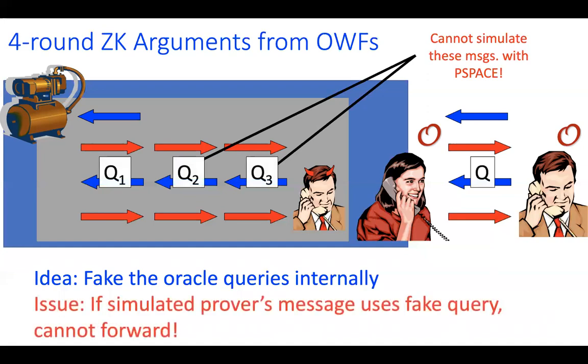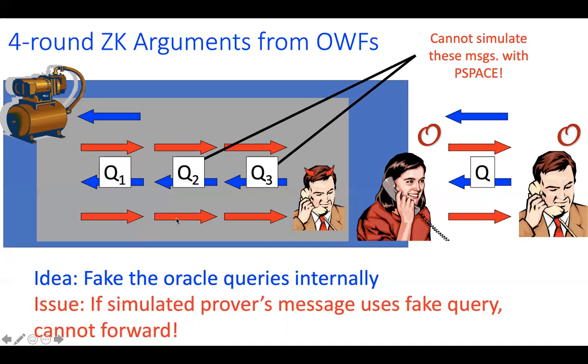Now, if we forward Q to the outside, and let's say Q, Q1, Q2, Q3 denote the oracle queries made in these sessions. Now, let's say Q equals Q2. Now, the problem is that the simulator could learn some of these oracle queries in the other sessions and use that oracle query in the second session. Why is that a problem?